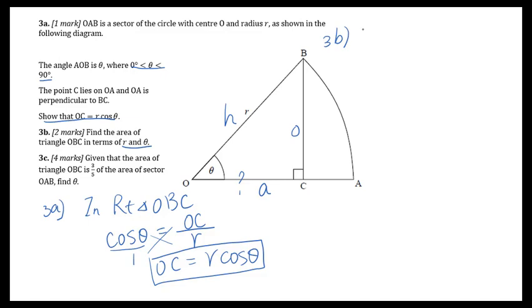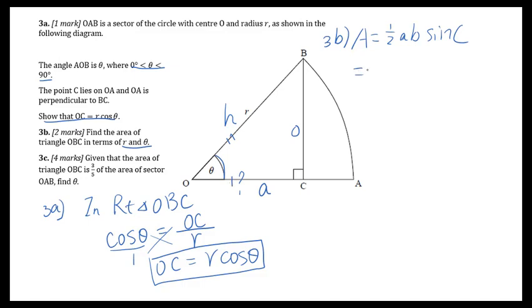We know the area of this triangle. We use 1/2 AB sin C. For this theta, it's the included angle. You are supposed to use OB and also OC.